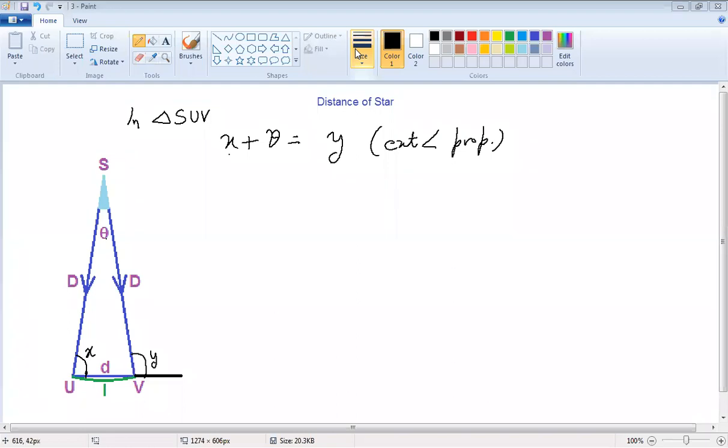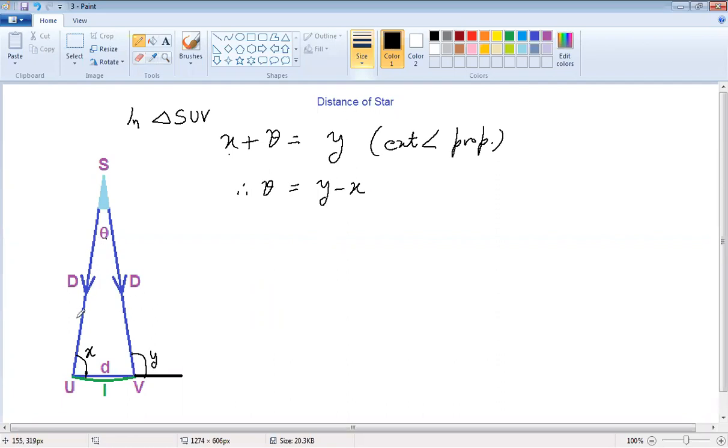Yes, Anmol, in the chat you have given the correct answer. Therefore, angle theta can be found as the difference of these two angles, that is the angle subtended at observatory V and the angle subtended at the observation station U. So angle theta can be found.